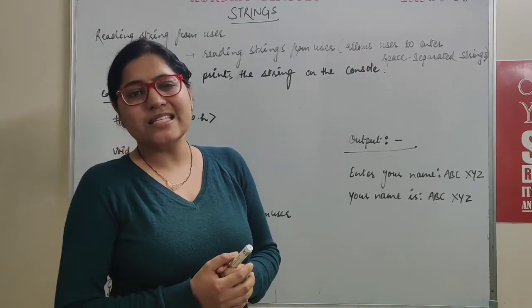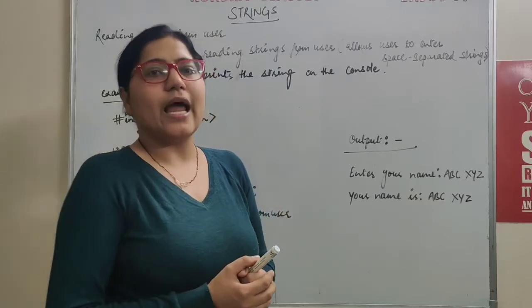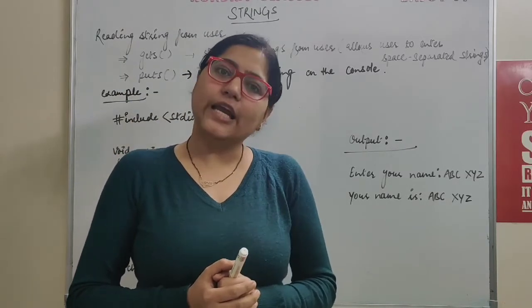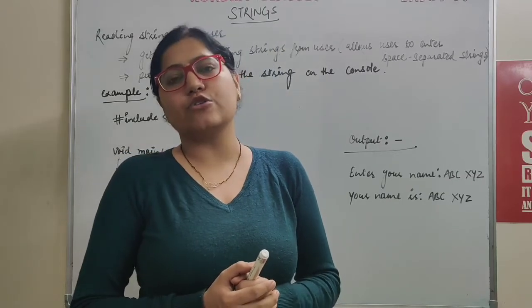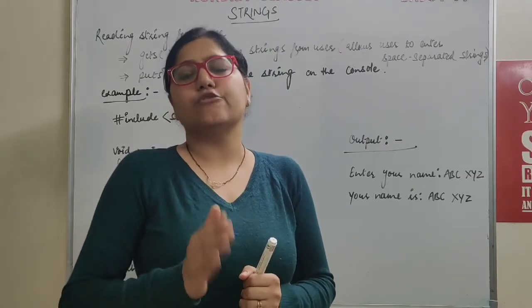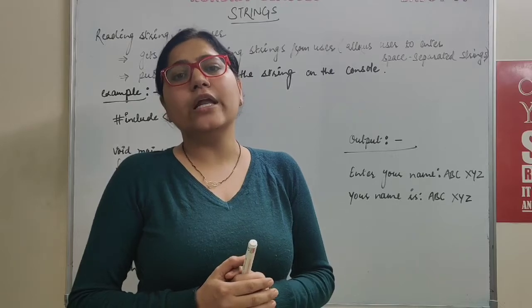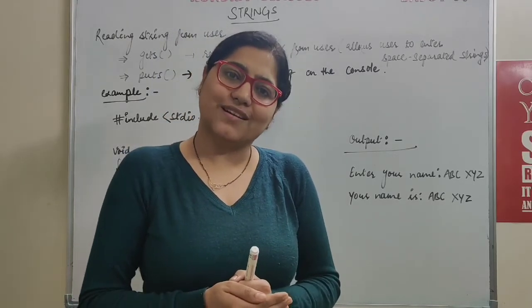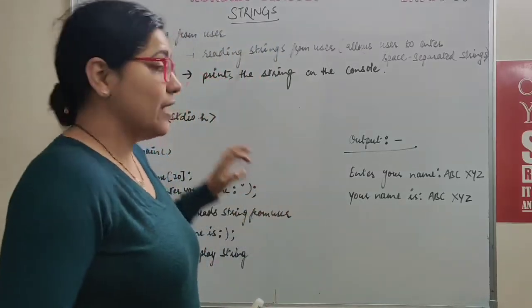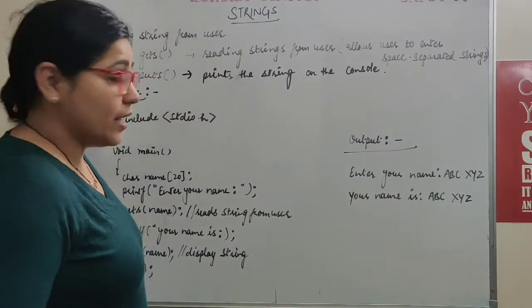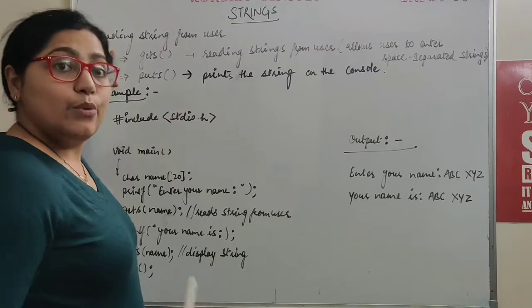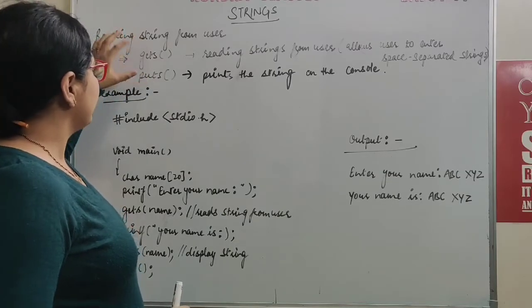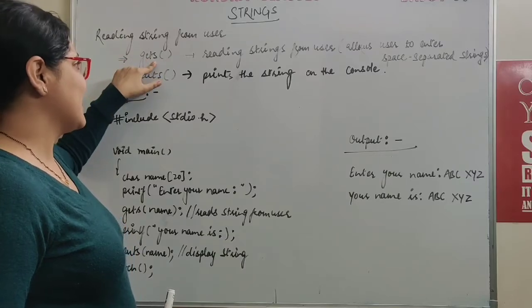But there was a problem in scanf that if you give space, tab or newline character, it will terminate the string then and there, and only the string before those characters will be printed over the screen. But to remove that problem of scanf, we are going to use the function gets.